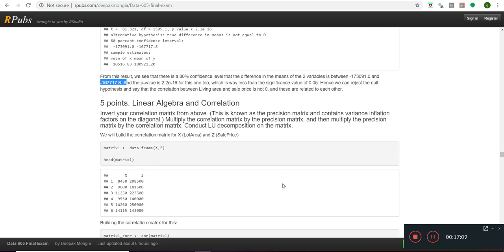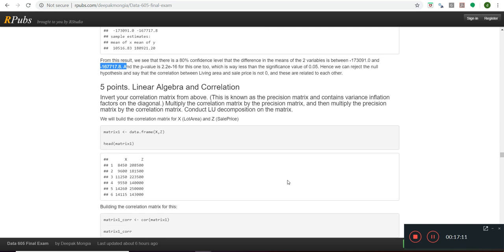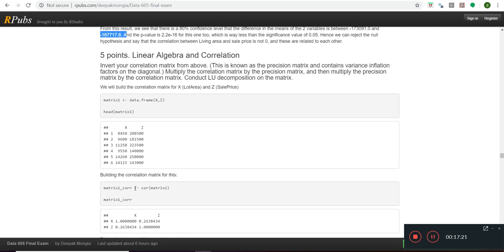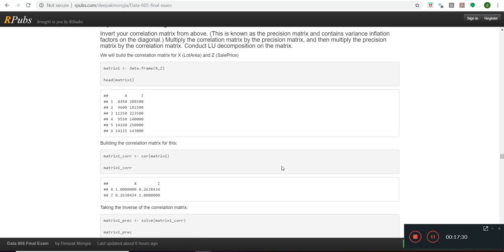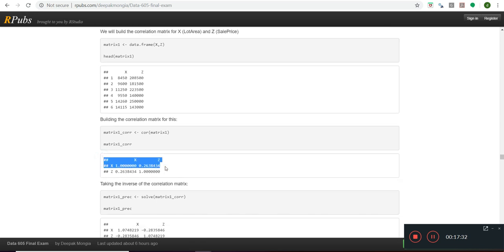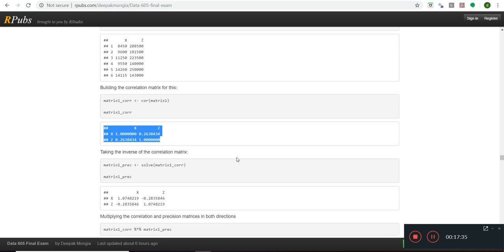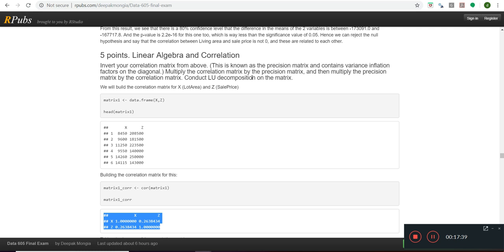Okay, the next question is related to linear algebra and correlation. So we are using the correlation matrix from our above questions. Basically, here I'm creating a correlation matrix of the variables we used above, x and z, that is the lot area and sale price, and this is our correlation matrix. Then we'll take the inverse of the correlation matrix, which is the precision matrix.